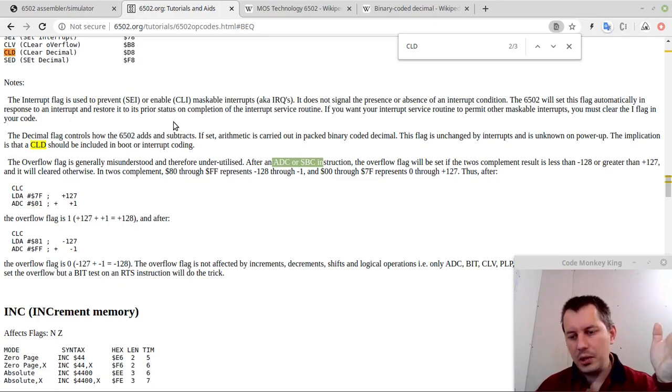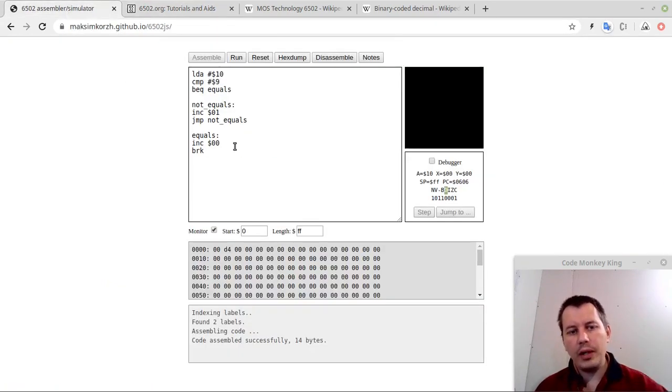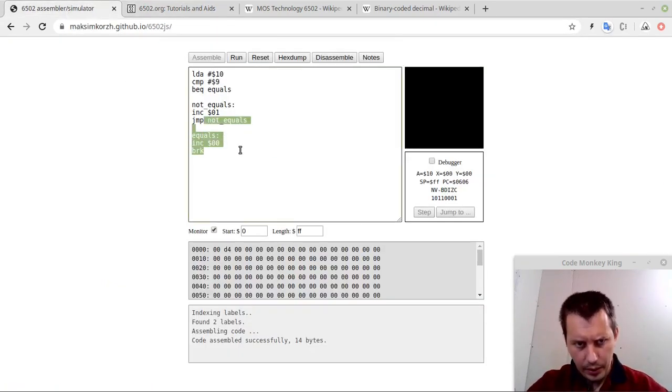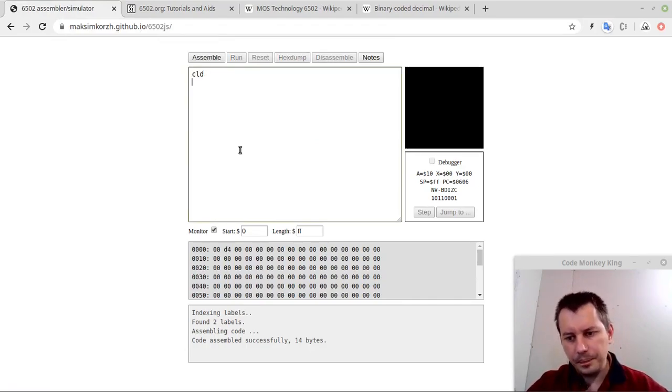And in real 6502 source code, you might encounter quite often that it actually starts with CLD, clearing the decimal flag. However, in this environment, the decimal flag is by default equal to 0, hence there is no specific need for doing that. But again, in real world 6502 assembly code, this is encountered very, very often.